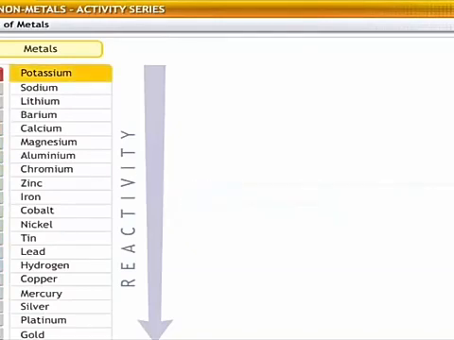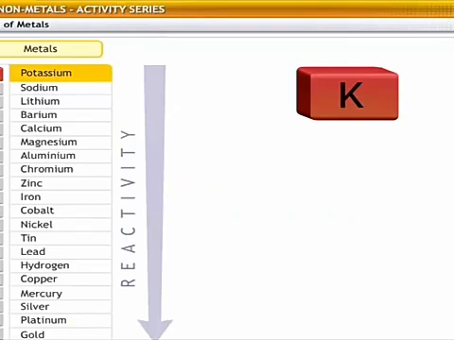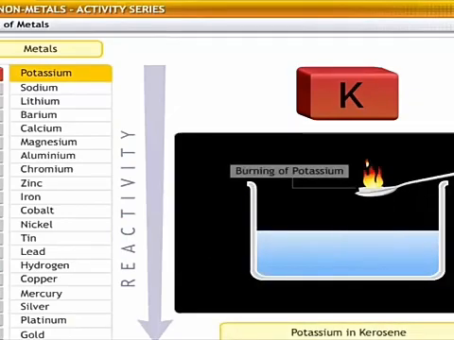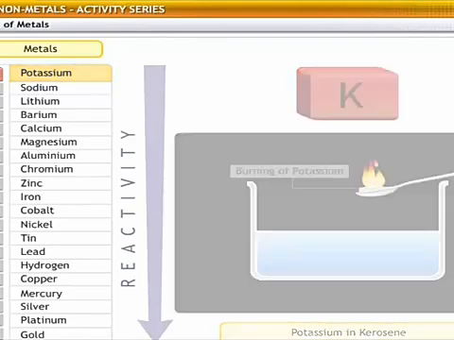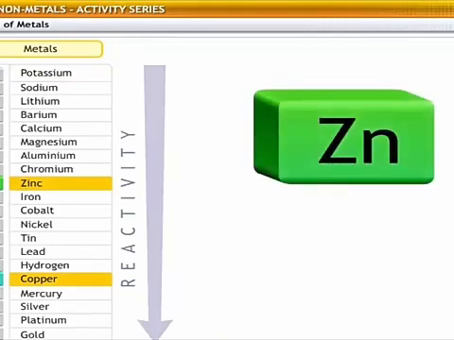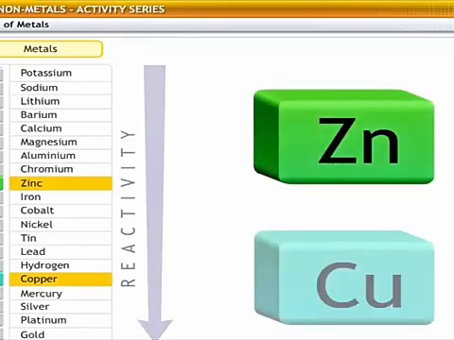For example, potassium at the top of the series is the most reactive among all the elements in the series. For any 2 metals in the series, the metal placed higher in the series can displace the other metal from its salt solution.